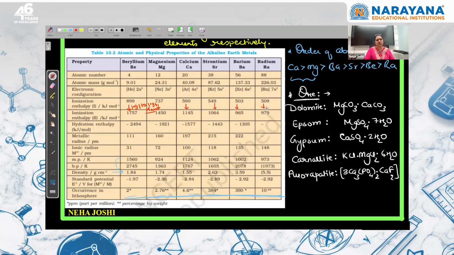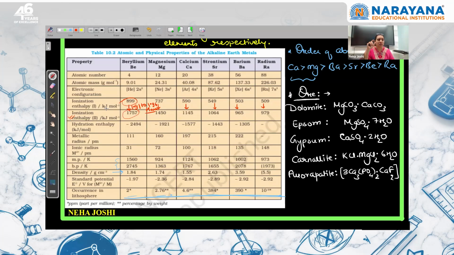Someone is 1.91, someone is 1.95, someone is 1.93, like that. So roughly, the second ionization enthalpy is about 2 times the first ionization enthalpy, whereas in the first group it was 4 to 5 times.